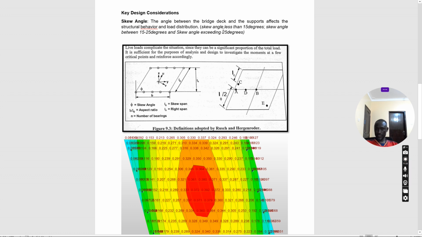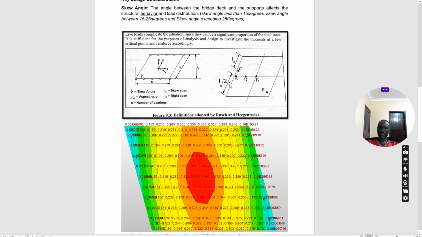If the skew angle is within 15 degrees, normally you treat it like a normal square or rectangular 90-degree deck slab, because the distribution of load tends not to be too much. But anything going more than that, to 25, 30, when you design, you are going to find quite a big shift. So it is very important.